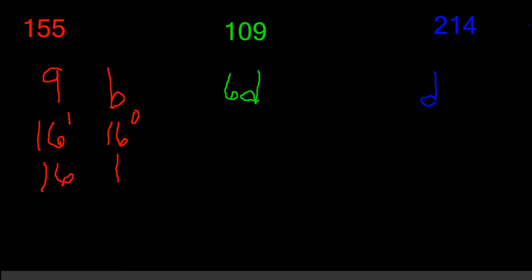Just 6. So we can just put 6 here. So 9B, 6D, D6. And that's our hexadecimal number. Got a little ahead of myself there.